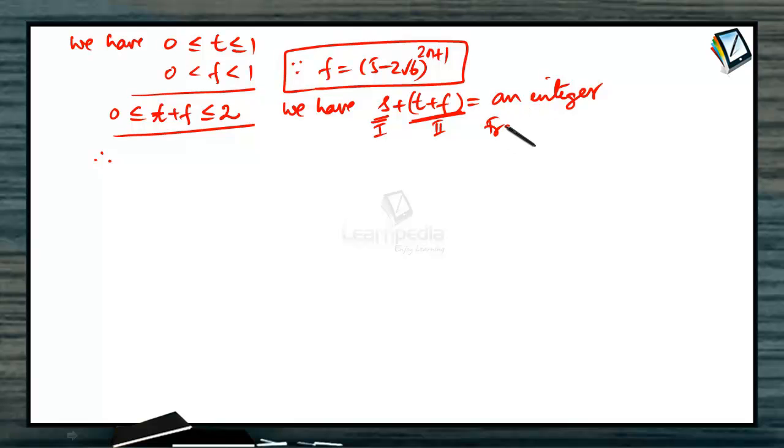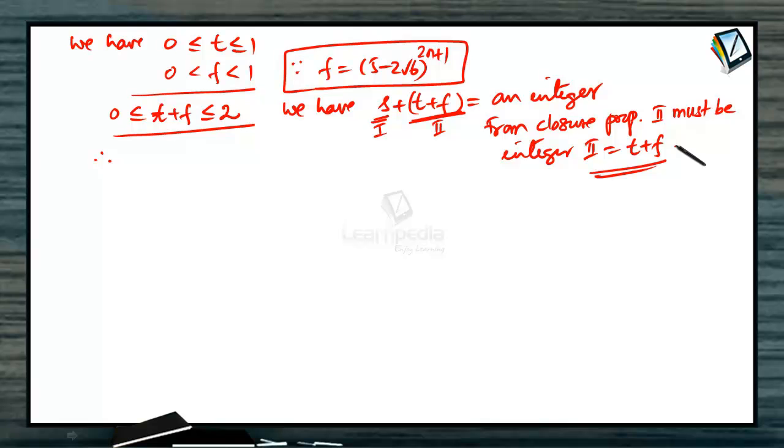So we can say that the first one must be an integer and the second one must be an integer. The second one is the sum of t and f, so t plus f must be an integer. What is the integer which lies between 0 and 2? Obviously t plus f must be equal to 1. This is the second conclusion from the closure property.